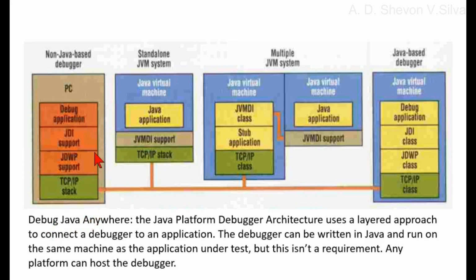The debug application interacts with JDI support, which interacts with JDWP support, and JDWP support interacts with the TCP/IP stack. The TCP/IP stack interacts with the TCP/IP stack in the standalone JVM, the TCP/IP class in the multiple JVM system, and the TCP/IP class in the JVM based debugger.